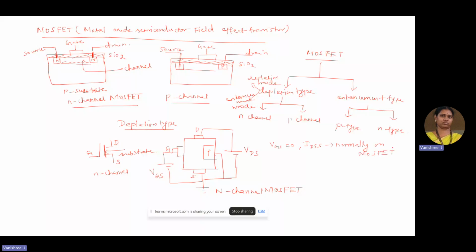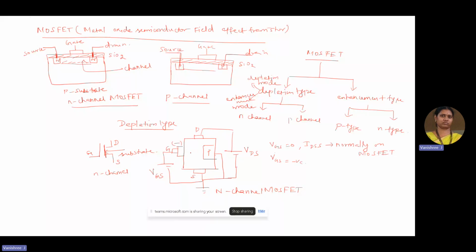Due to the existence of a minimal current when the device is put on, it is called a normally on MOSFET.